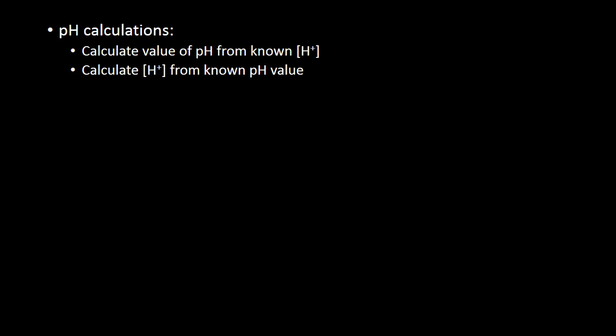All right, so if you have a solution that was found to have a hydrogen ion concentration of 3.2 times 10 to the negative fifth moles per decimeter cubed, what is the pH?